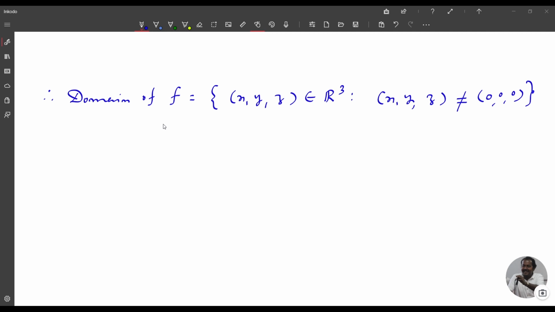So this is actually set of all points in R3 except origin.